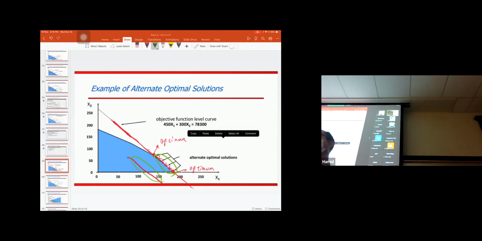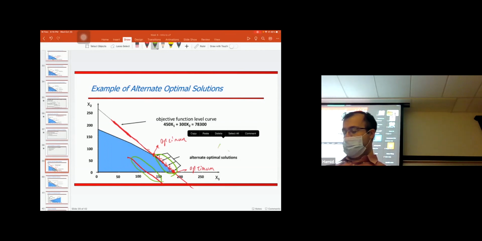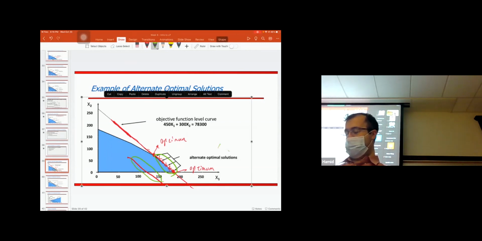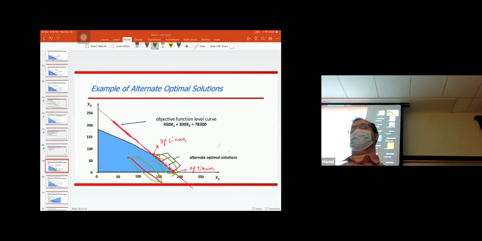When I move to the right to maximize it, I find an infinite number of optimal solutions. It could sometimes happen. So if somebody tells you that you have infinite answers for your objective function, it just means the slope of your objective function overlaps with one of the edges of your feasible region.